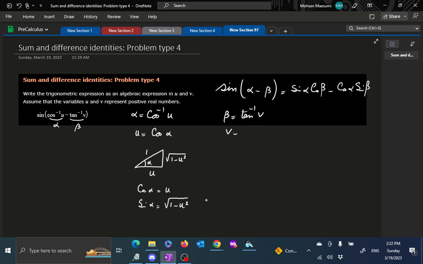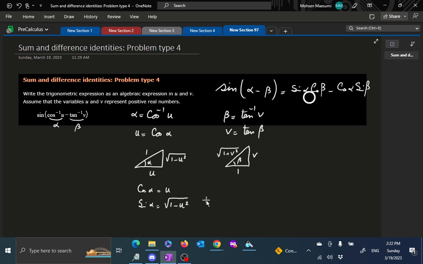This one means v is tangent of beta. The picture that goes with this: we have v, here's angle beta. Tangent of it is the ratio of the opposite to adjacent. In this case, the hypotenuse by the Pythagorean theorem is the square root of 1 plus v squared.